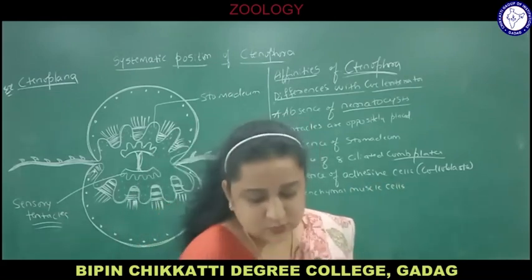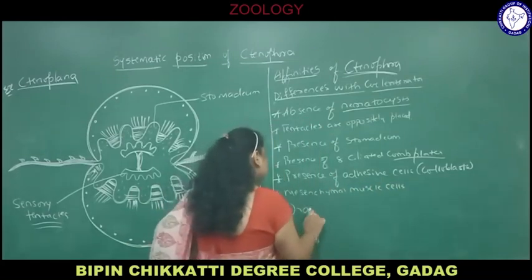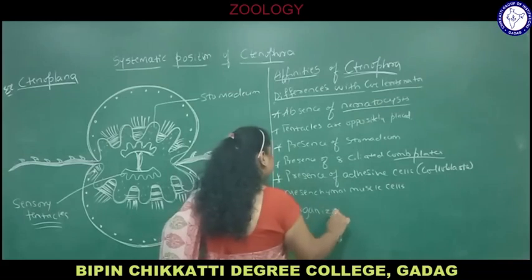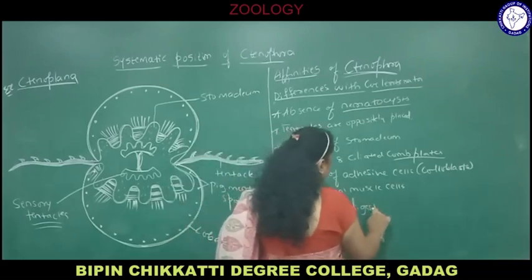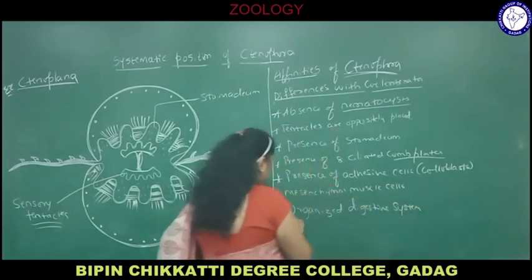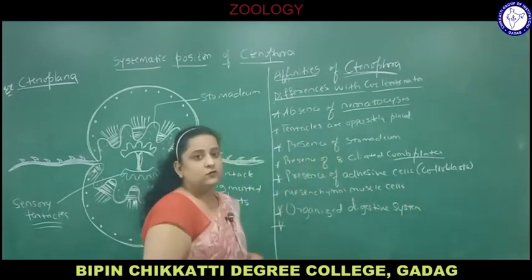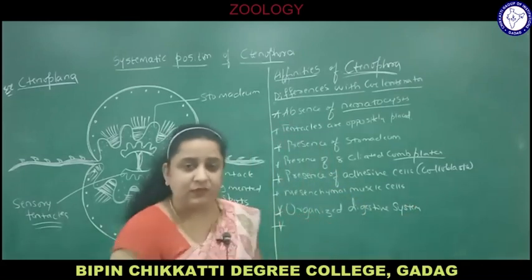Next, presence of digestive system and anal pore. Organized digestive system. In the previous session we had drawn the digestive system. Organized digestive system is present only in Ctenophora, but not in Cnidaria. Next, development is of determinate type.